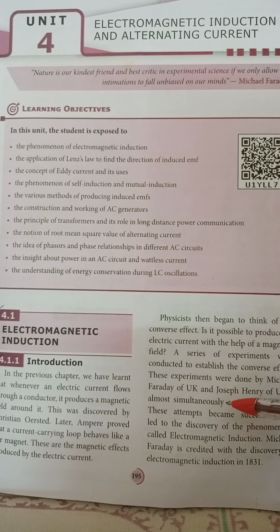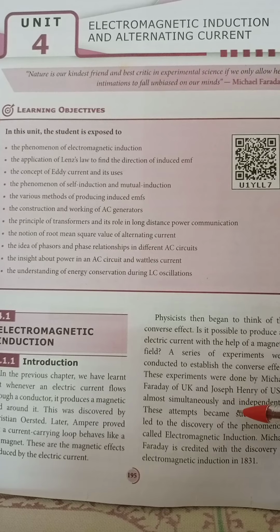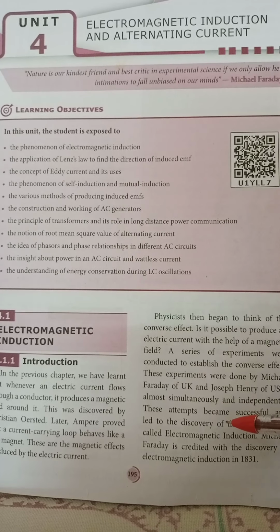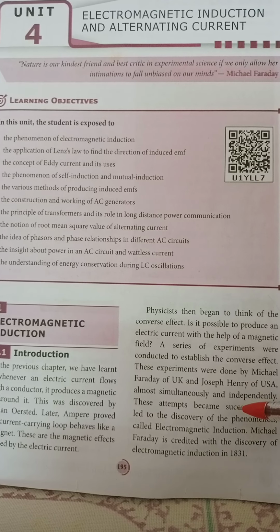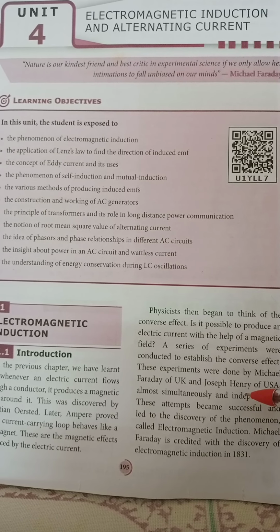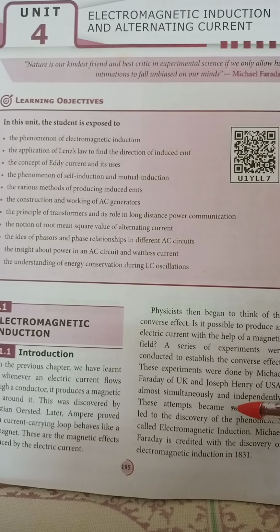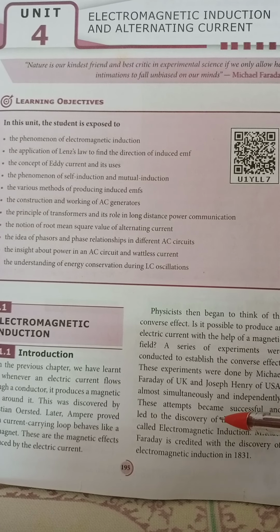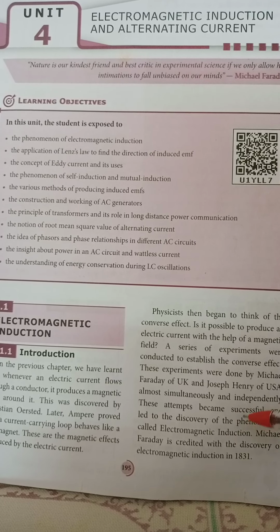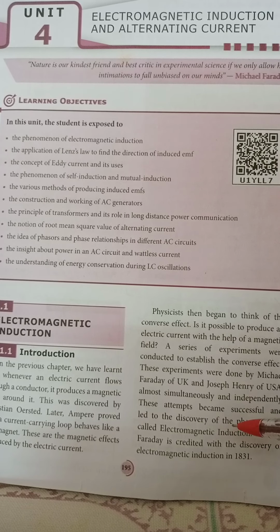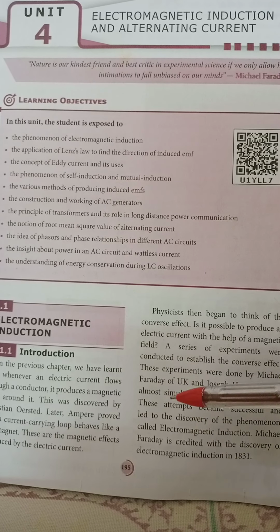Michael Faraday of UK and Joseph Henry of USA did a large number of experiments simultaneously and independently, and they successfully proved that the conversion of magnetic field into electric current is possible. This was later established as the topic electromagnetic induction. Michael Faraday is credited with the discovery of electromagnetic induction.